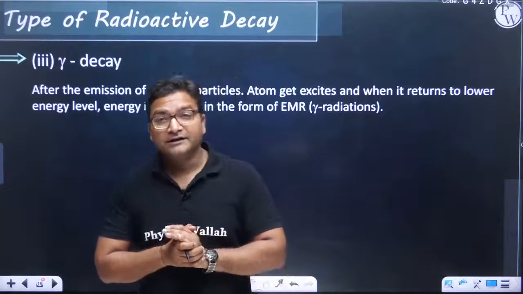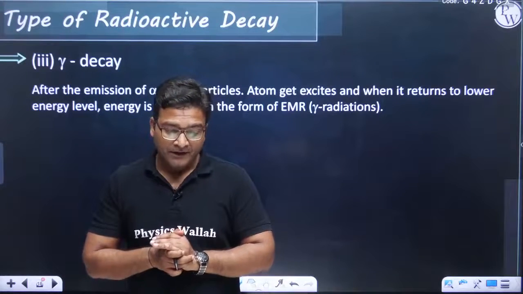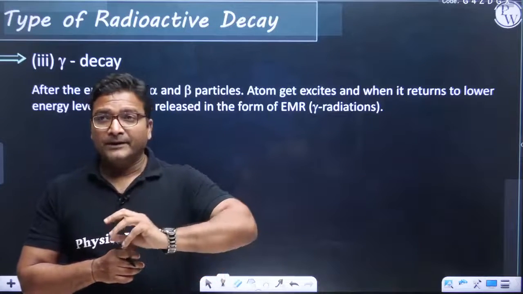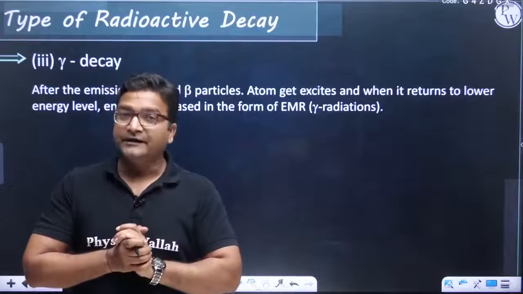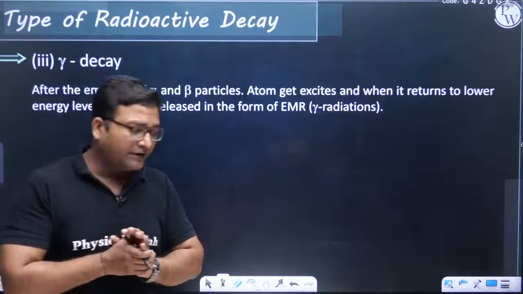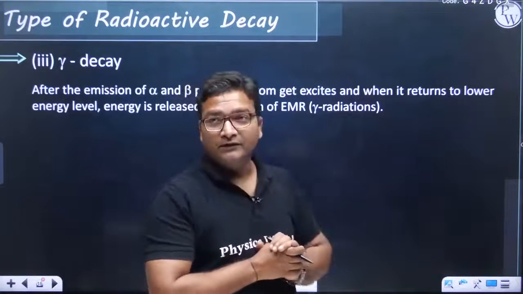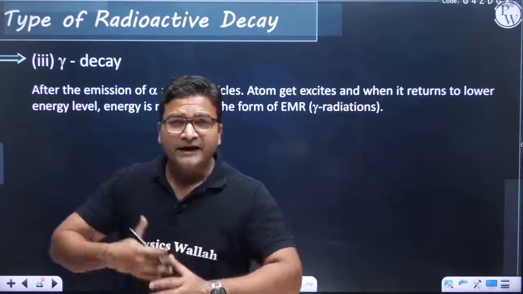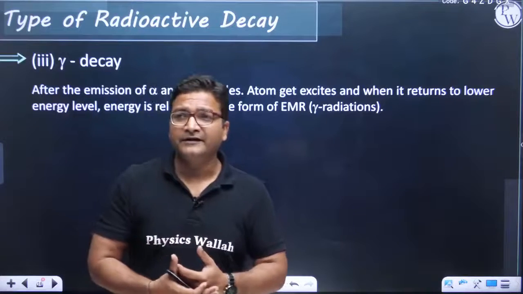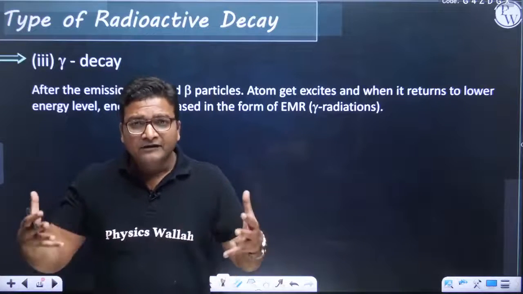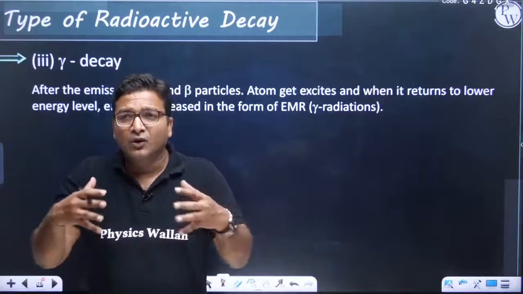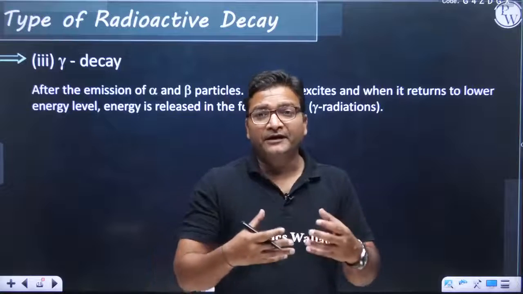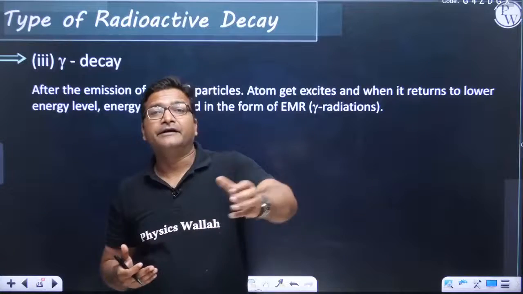Now we have the third type of decay, which is gamma decay. Gamma is actually electromagnetic radiation. Whenever alpha and beta decay occurs in nucleus, after the emission, the nucleus gets excited, and when it returns to its ground state or lower energy level, the difference of energy is emitted in the form of electromagnetic radiation.